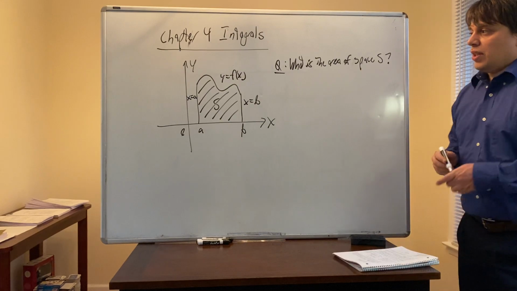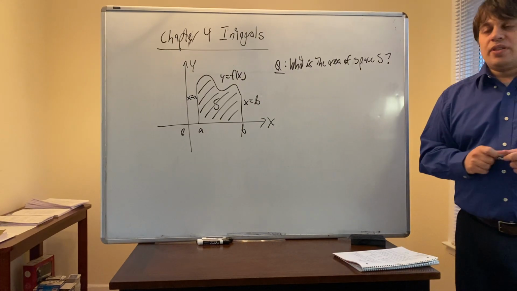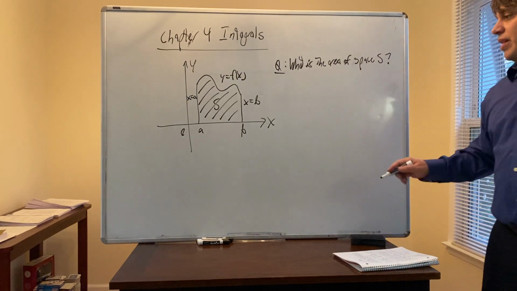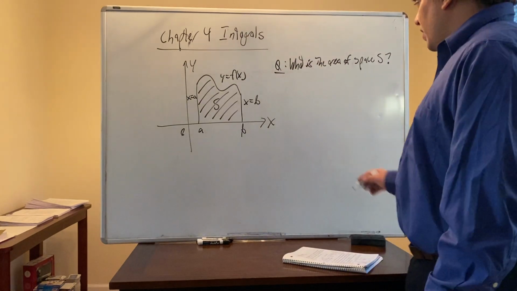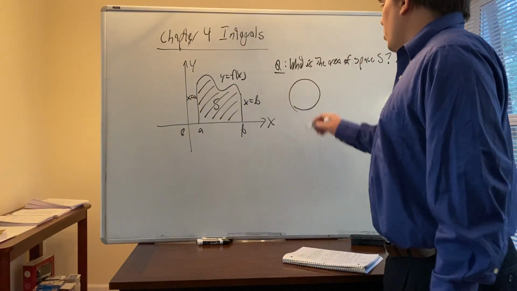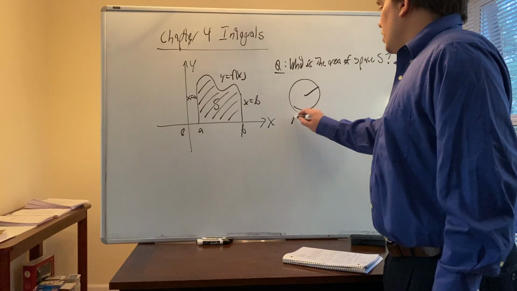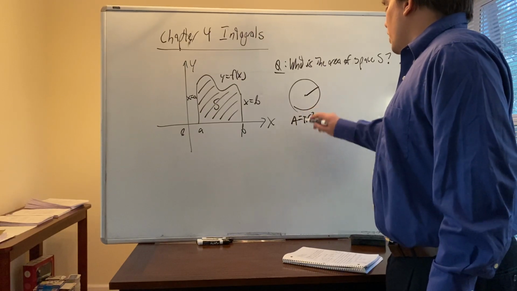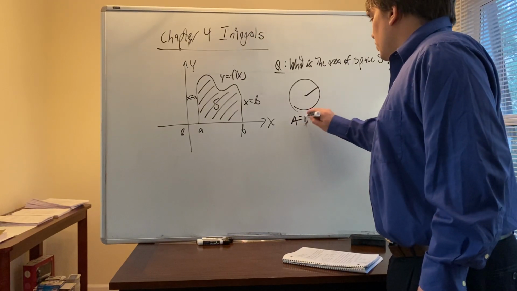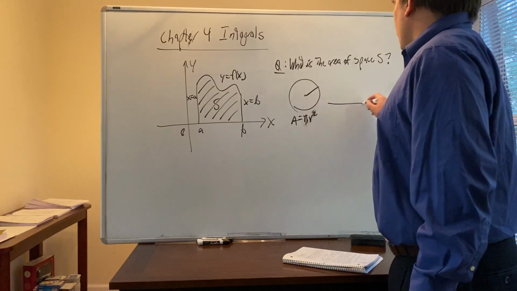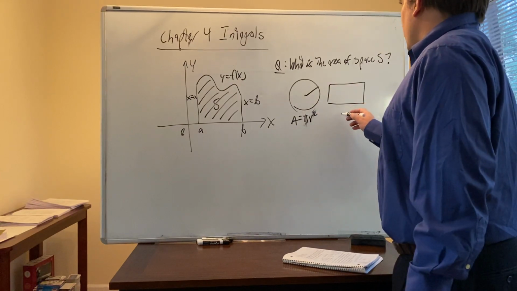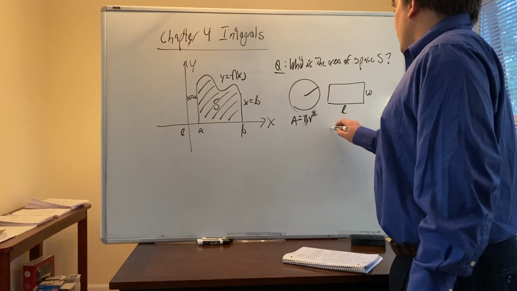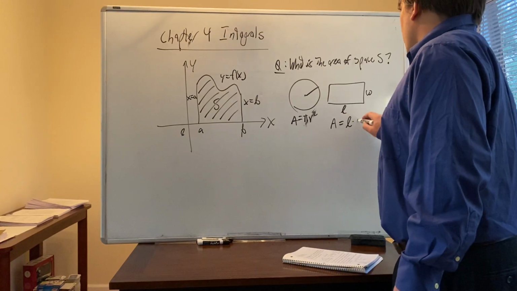And so it's not easy to compute that area, right? If I give you a circle, we have a formula that tells you that the area is equal to pi r squared. If I gave you a rectangle, and gave you the length and width, then you would tell me the area of that rectangle is length times width.